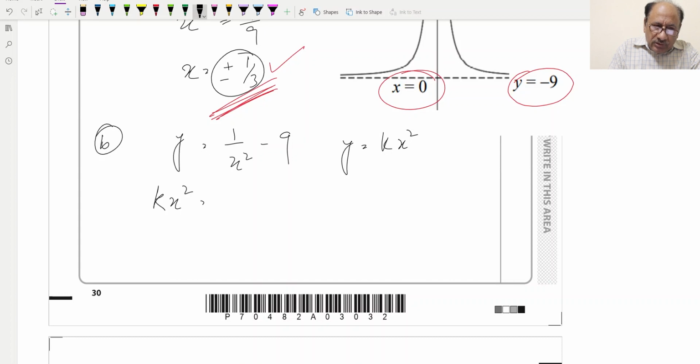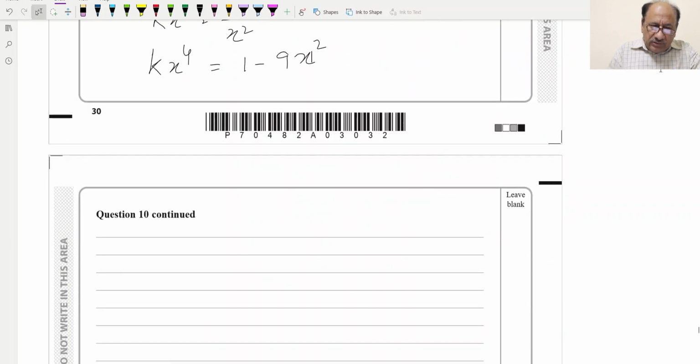So kx square is equal to 1 over x square minus 9, and we are intending to form a quadratic equation. So multiply everything by x square, so it will be kx to the power 4 is equal to 1 minus 9x squared. Now we can shift this to the other side and we will get kx to the power 4 plus 9x square minus 1 is equal to 0. Now this is basically a quadratic equation in terms of x square.